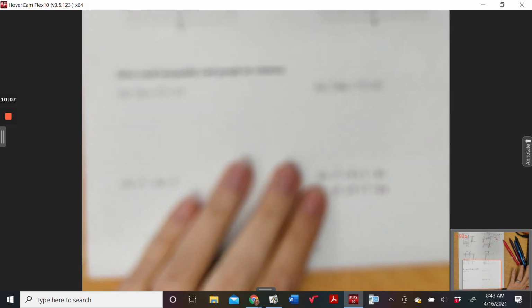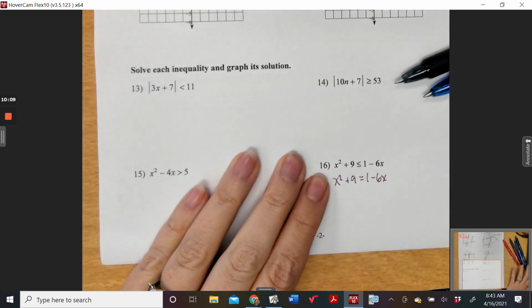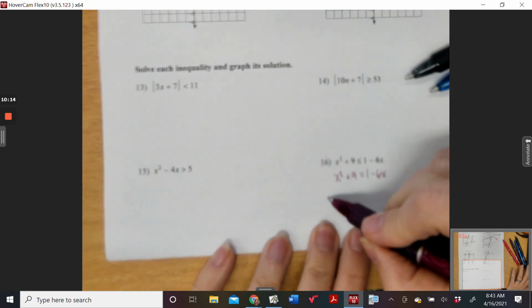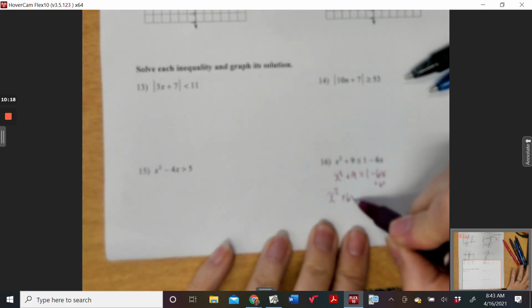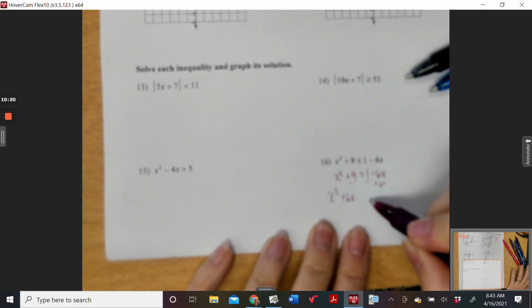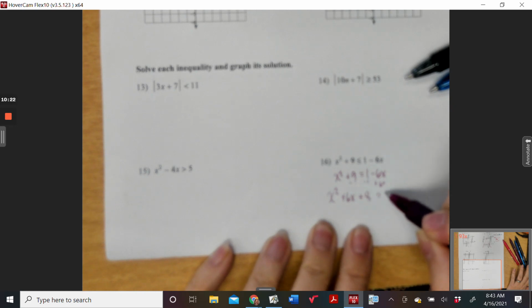Wow, that's really blurry. There we go. Pretending it's an equal sign, and so I just solve it like it's an equal sign. I'm going to go ahead and add 6x to both sides and subtract 1, which gives me this equation.